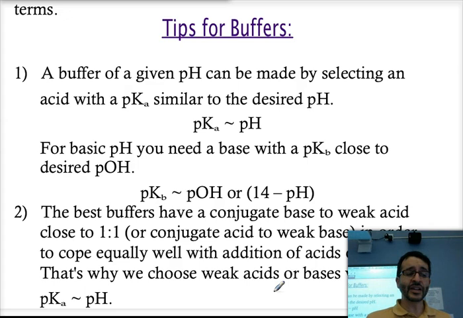Second thing, for the buffer to act as best as possible, you're going to have the buffer have a 1-to-1 ratio of acid and conjugate base. That way, the pH is very much the pKa, and second, it can equally well neutralize addition of acid or addition of base.